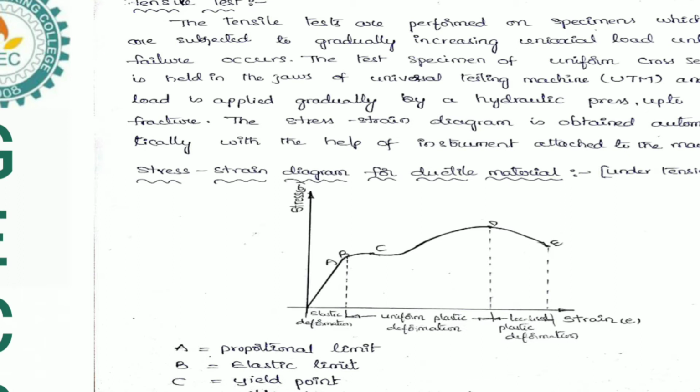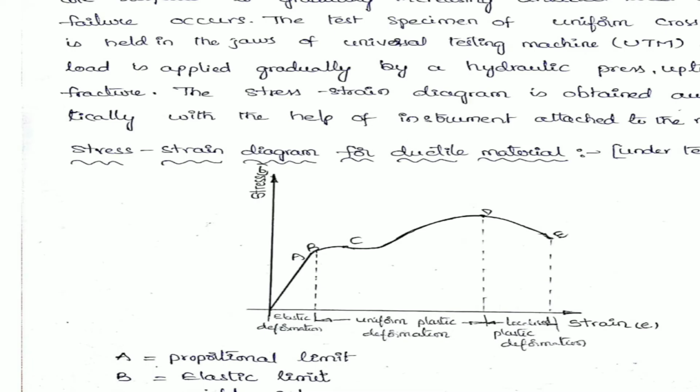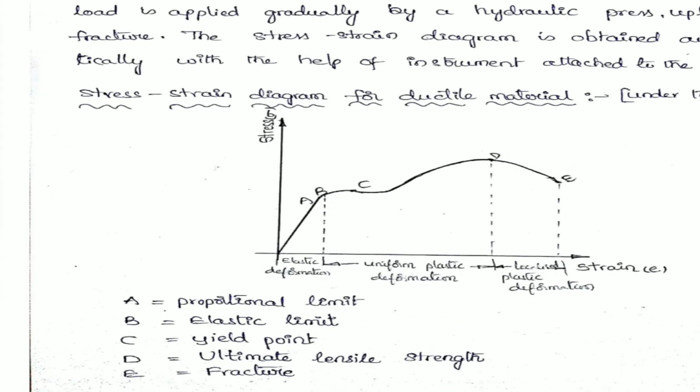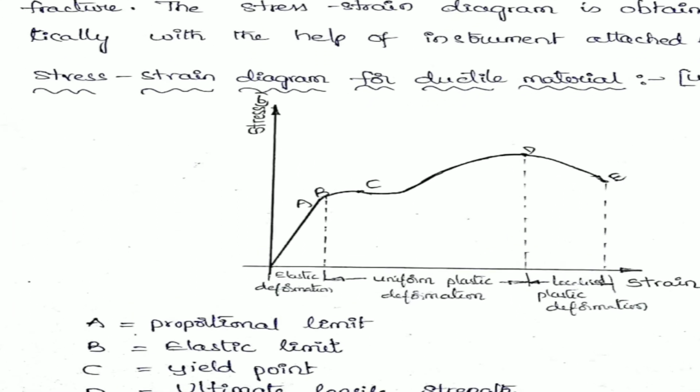This is the overall schematic diagram of the stress strain diagram for a ductile material under tension. Here, the x-axis represents strain, denoted by small e. The y-axis represents stress, denoted by sigma.